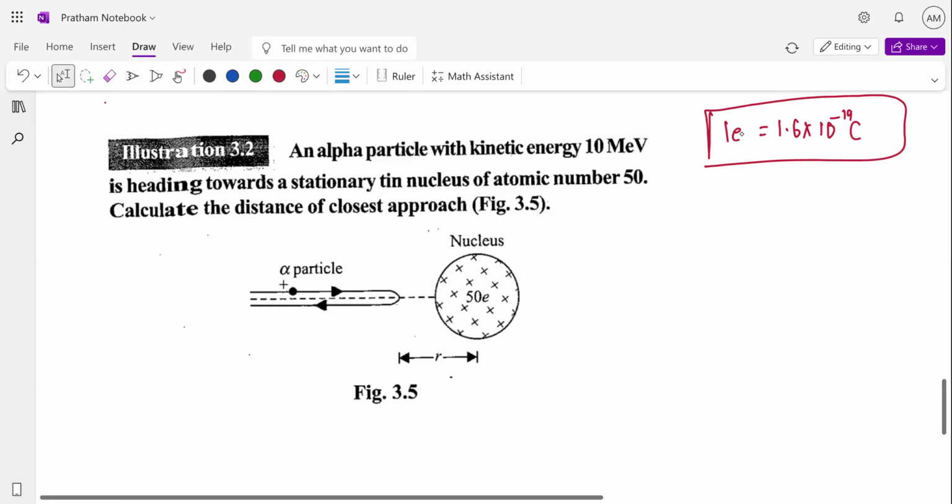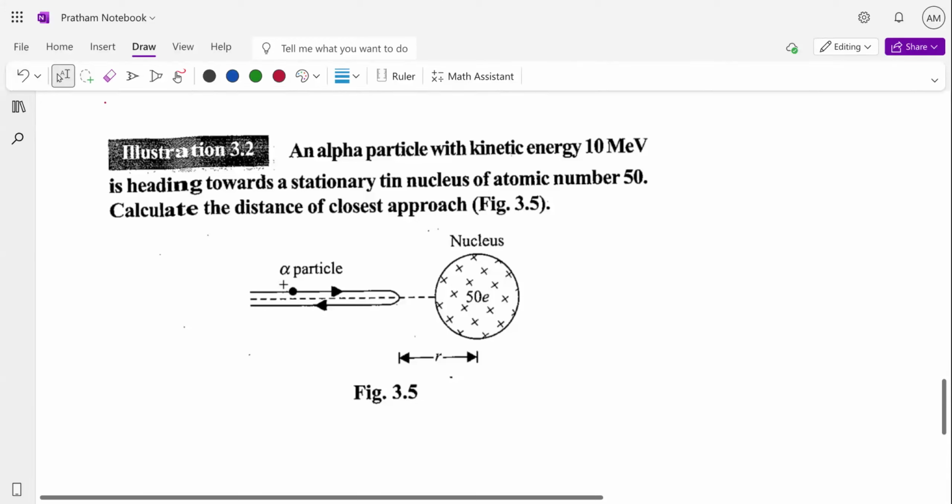You can convert it that way also, because energy is QV, and the unit of Q is coulomb. You can say coulomb volt or electron volt. If you write electron volt, you can convert that into coulomb. But in this question, you don't need to convert. You need to calculate the distance, right?